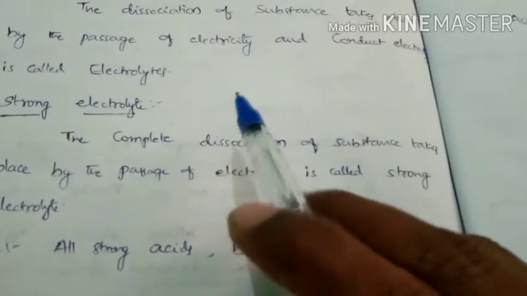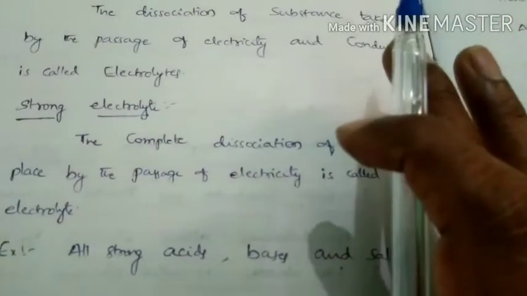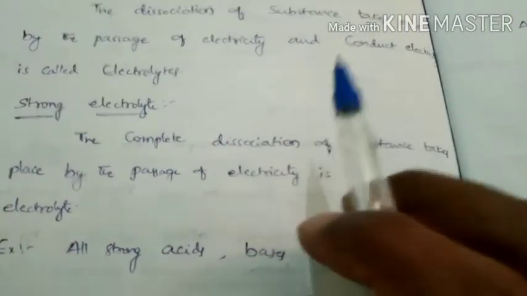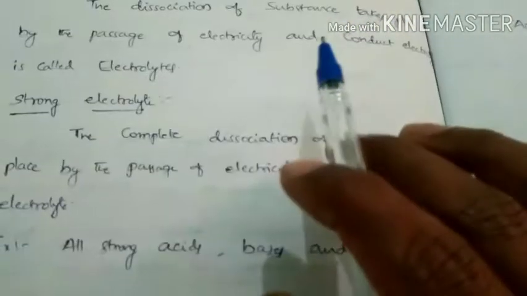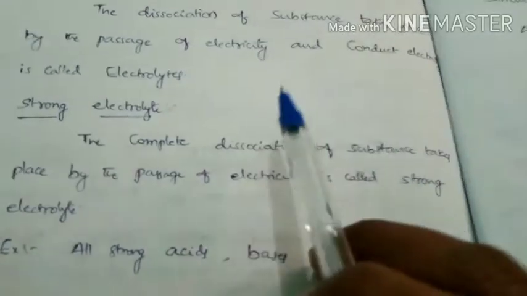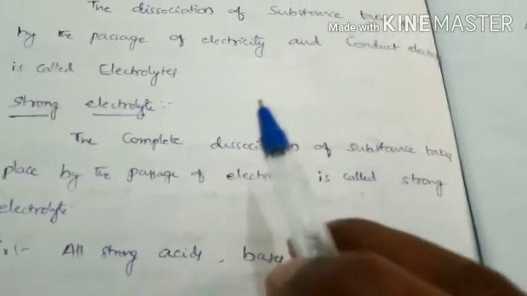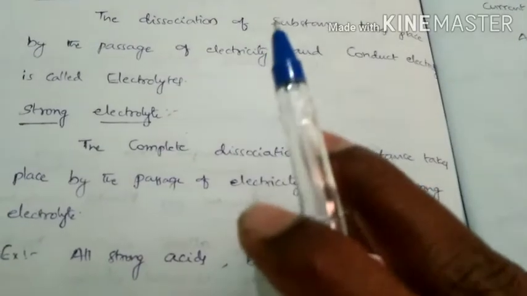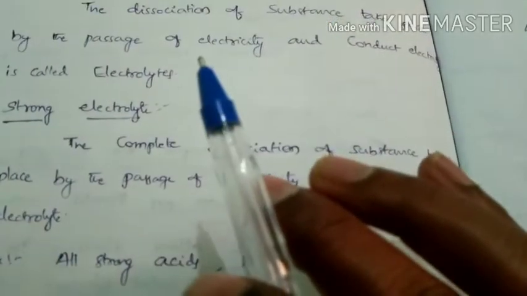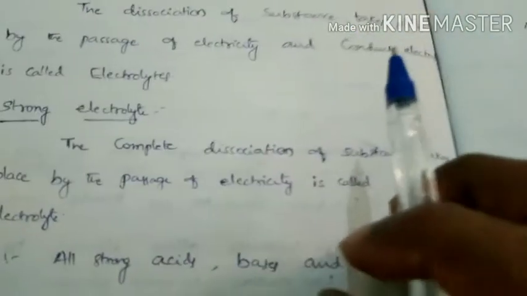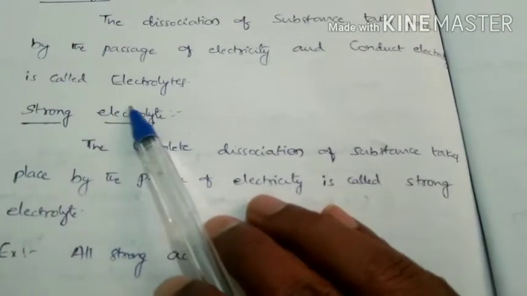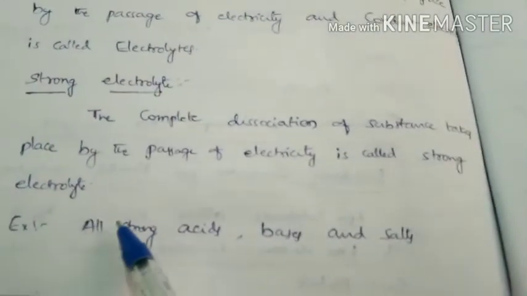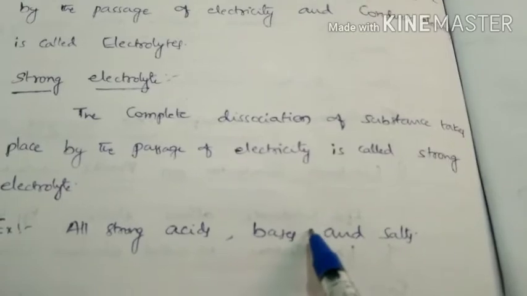Suppose out of 100, 90 molecules undergo dissociation and the rest of 10 molecules do not, then that is not a strong electrolyte. So when a substance undergoes complete dissociation by passing electricity, the substance is called a strong electrolyte. For example, all strong acids, all strong bases, and salts.